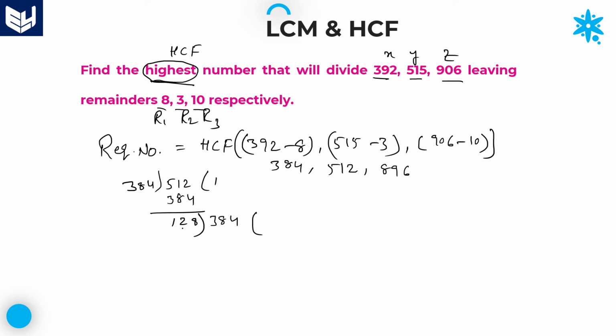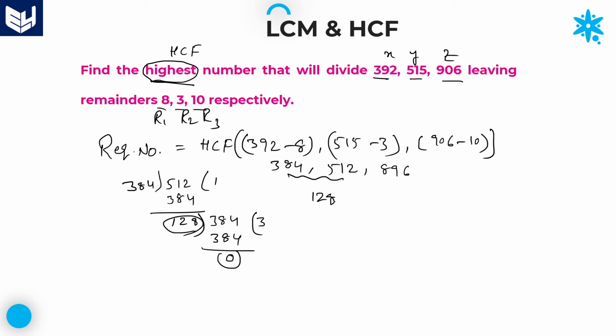Divide 384 with 128. 128 threes are 384, because 100 threes are 300 and 28 threes are 84. So the remainder becomes 0. The HCF of the first two numbers is 128.